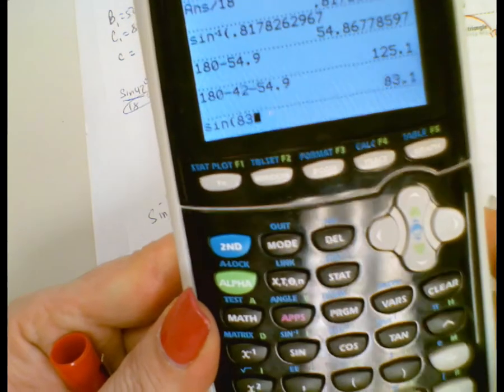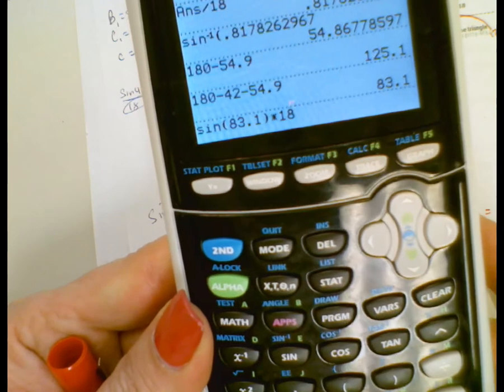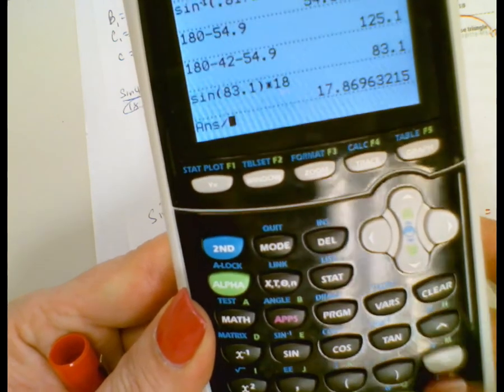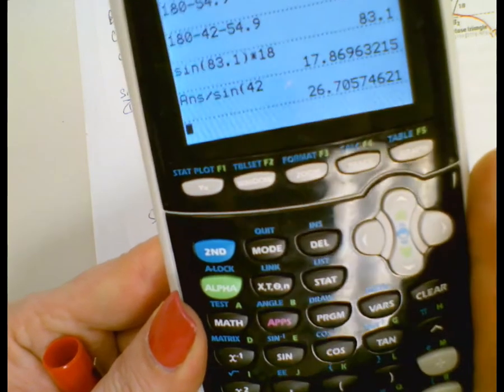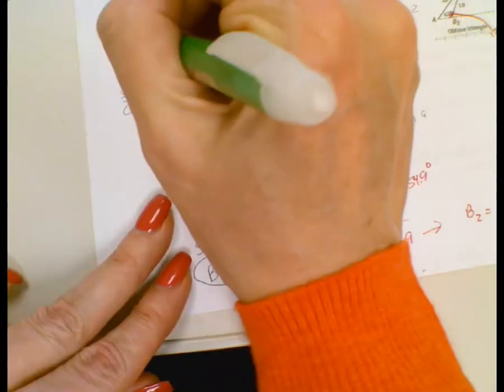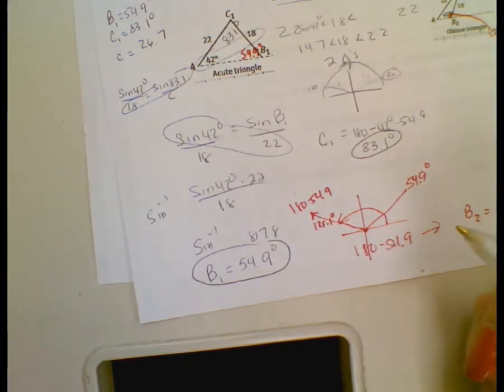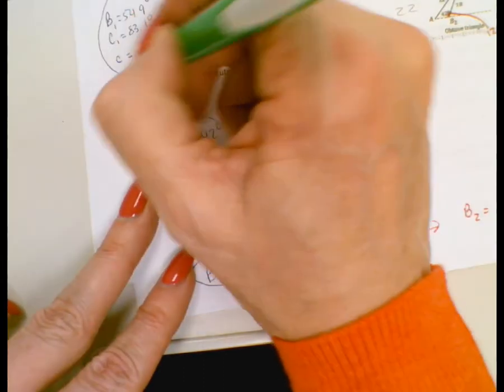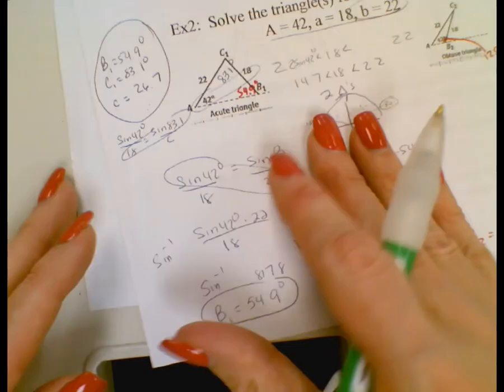Sine of 83.1 times 18, divided by sine 42, equals 26.7. And we weren't solving for an angle, so we don't have to do that second sine or anything. So these are your first three sides of triangle 1.